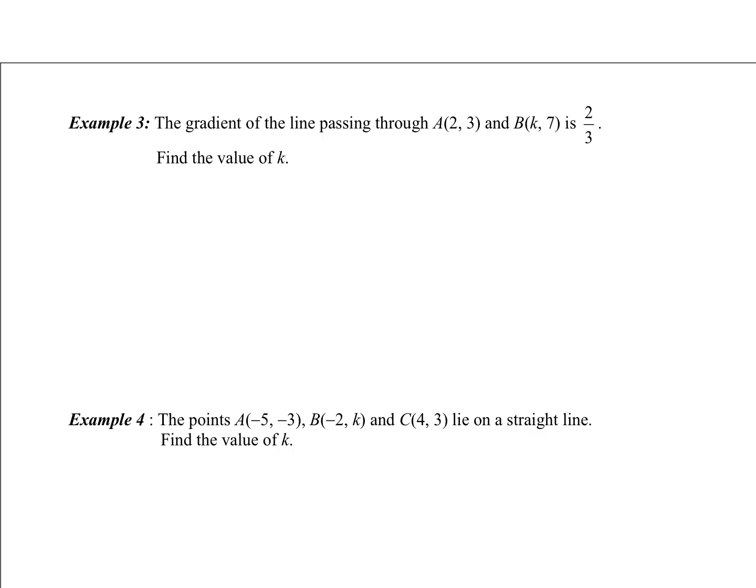Okay, this is also what you have learned before in lower sec, just that now they give you the gradient, they ask you to find the coordinate. So they say gradient of the line AB is 2/3. So if we find gradient, it will be y2 minus y1 over x2 minus x1. So it is just solving algebraic equation.